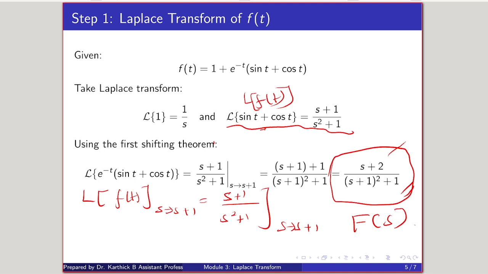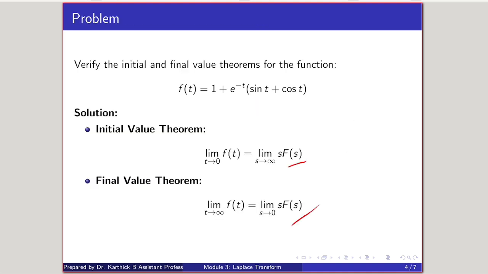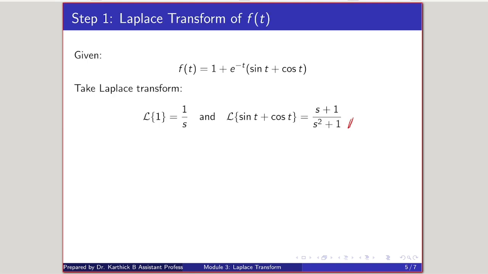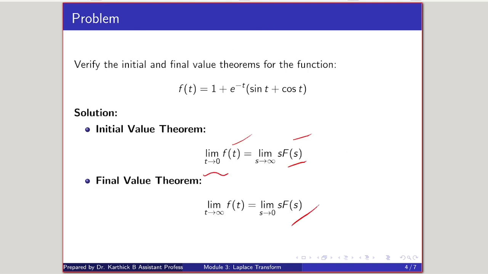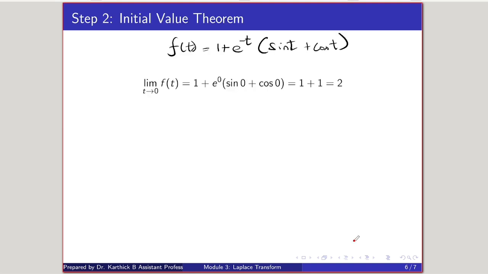Okay. To verify the initial value theorem, we need f of t and capital F of s. Now we have both. This is our f of t they have given in the problem. Now we find capital F of s. So now we are going to verify this rule. Let f of t be 1 plus e power minus t sin t plus cos t. I am going to take the limit t tends to 0 of f of t.